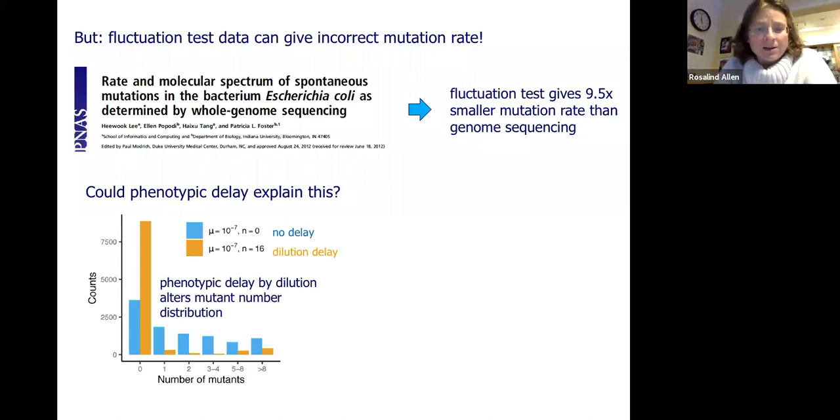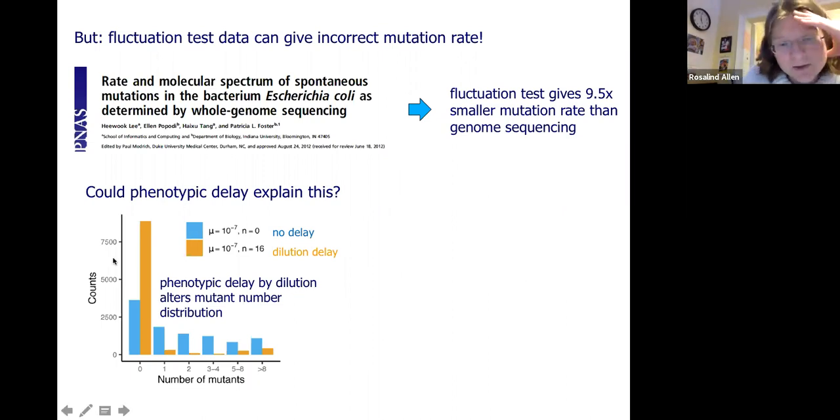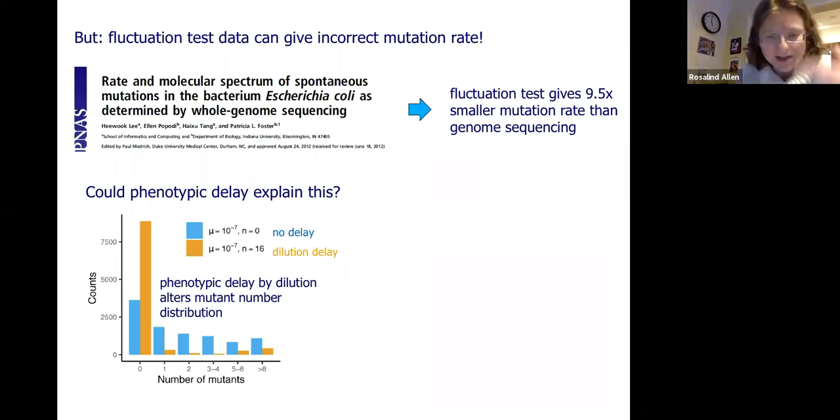It's clear that phenotypic delay does change the distribution of colony numbers in a simulated Luria-Delbrück experiment. This plot just shows results from simulations we did of a Luria-Delbrück fluctuation test, where we simulated two different fluctuation tests, one with no delay, and the other with a dilution delay with 16 molecules to be diluted.